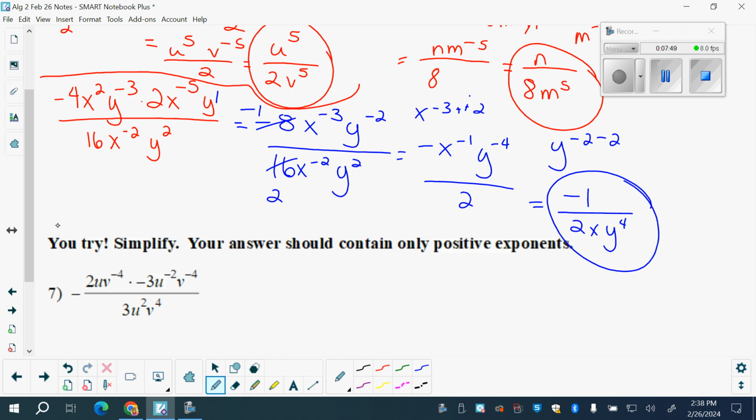So you, just like we were just doing, you're just simplifying the top. When you multiply, what do you do with your exponents? So when you're multiplying, you add. So that's the first thing you're going to do is just add your exponents on the top.